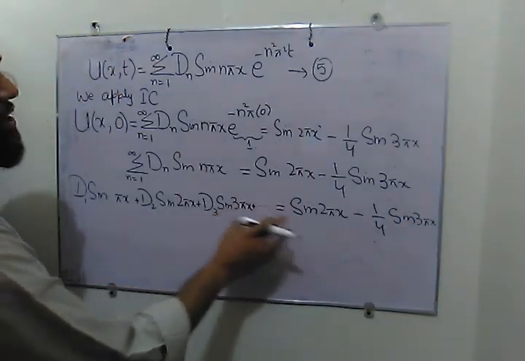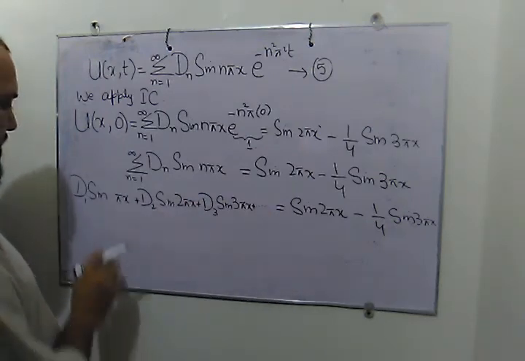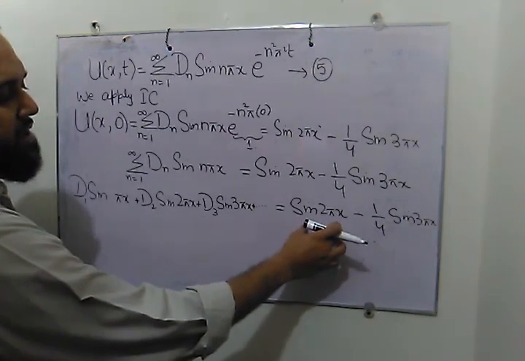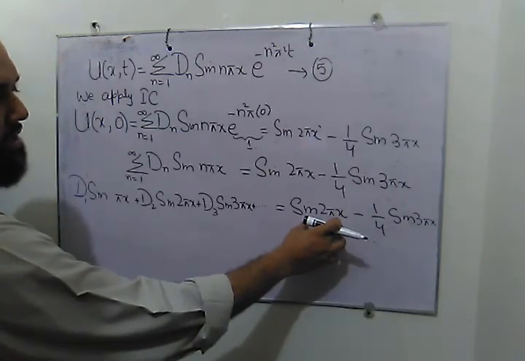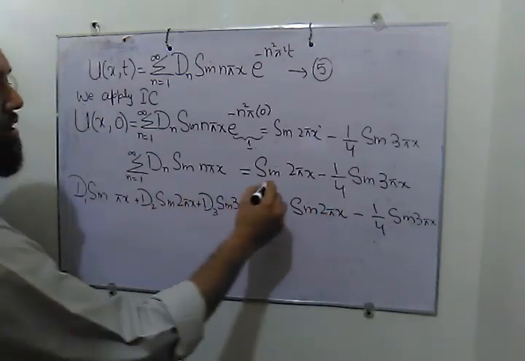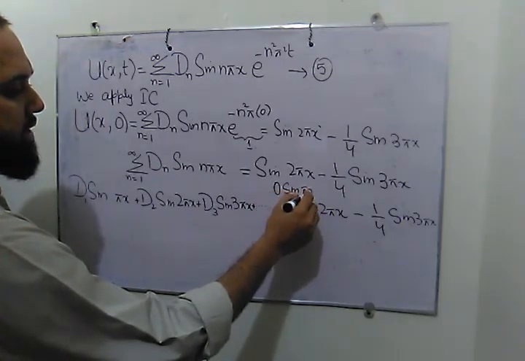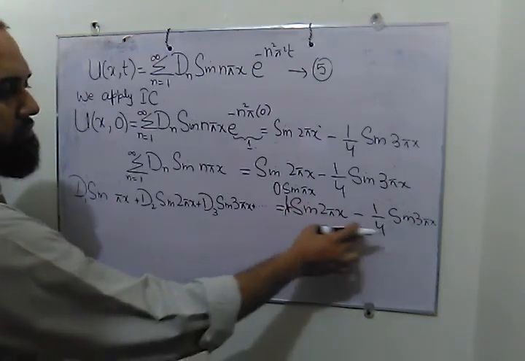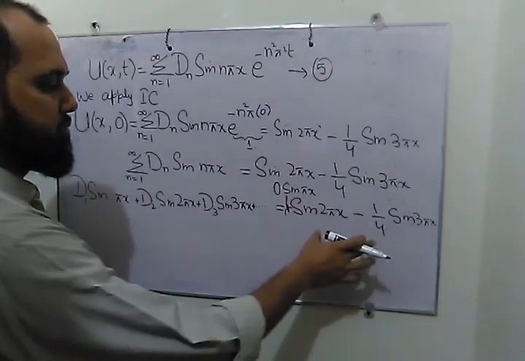Now we compare the coefficients of sine terms on both sides. We see that here we have sine pi x, here we do not have sine pi x. Or we can say, yes, we do have sine pi x here but with the coefficient 0. If we write 0 sine pi x and put it here, the expression will be the same. There will be no difference in the expression.